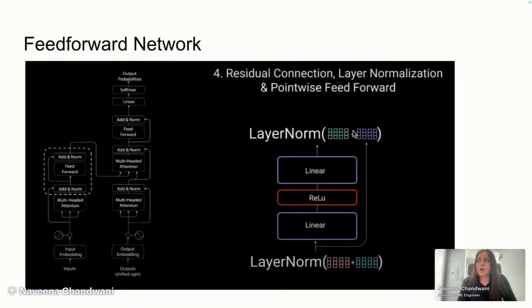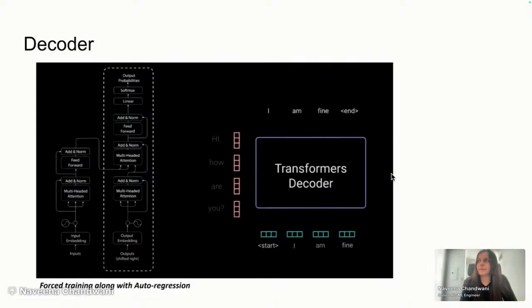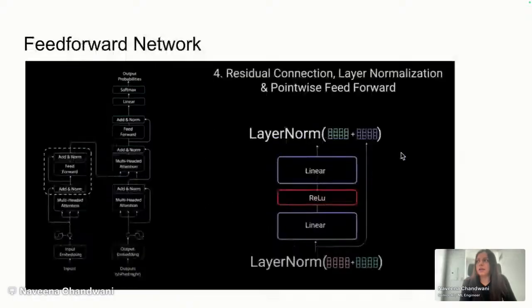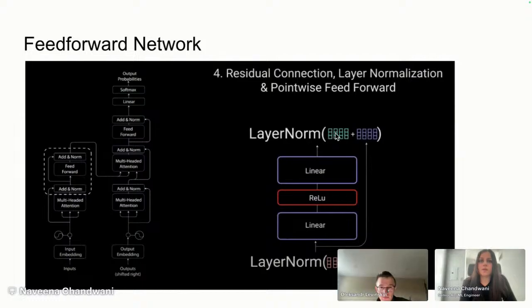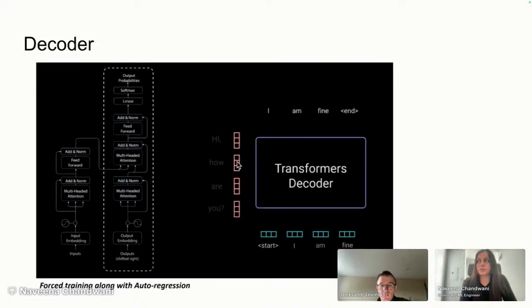And finally, we add these two components and we run layer normalization. At the end of this, we are doing a sum of these two vectors, so we finally have a single vector for each word in "Hi, how are you?", which is shown here.